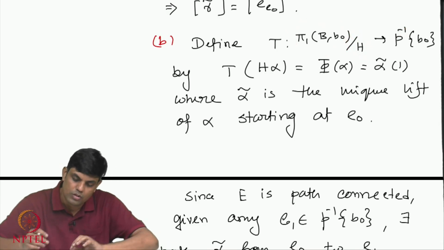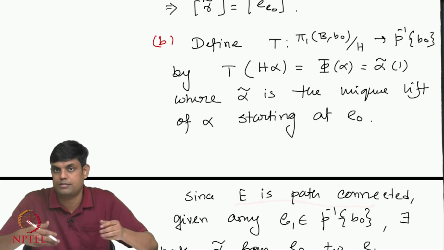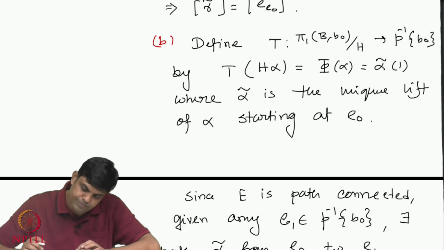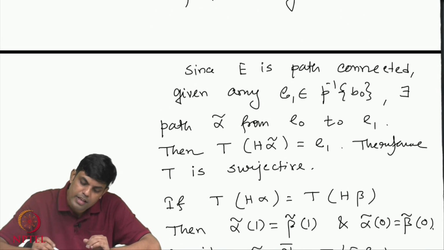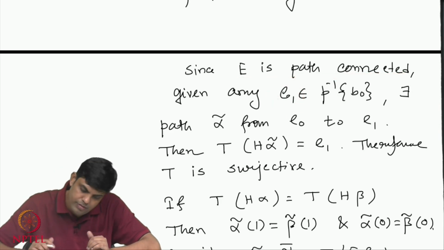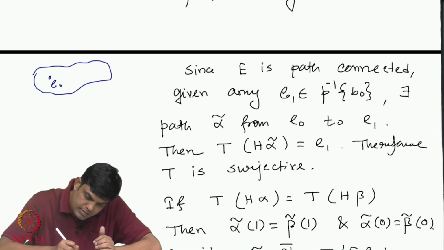So, first of all, I will show that if E is path connected, then this map is surjective, and then I will show that this map is in general injective. First, if E is path connected, then if I take any point in P inverse E0, let me draw the picture here. Let us say this is E0 and this is another lift of B0.